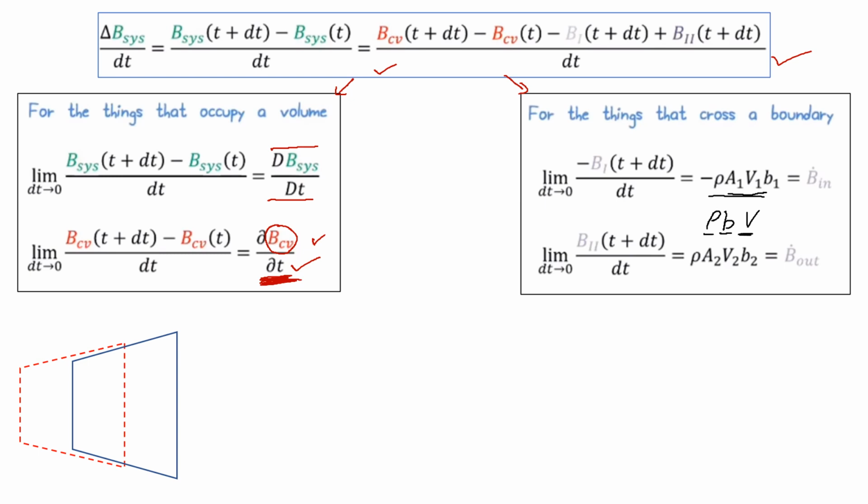Okay, so now I am going to take this volume and write it in terms of flow rate. How I'm going to do this is I write this volume in terms of area and length.